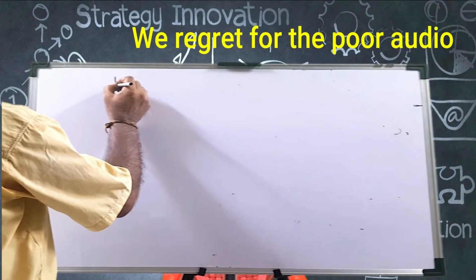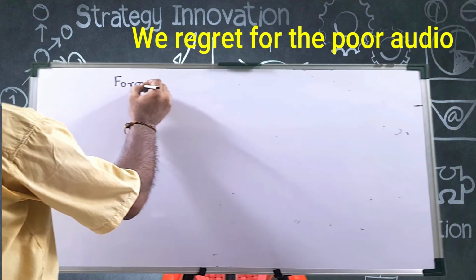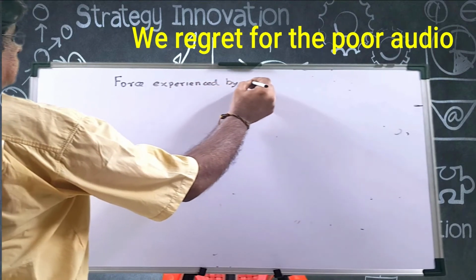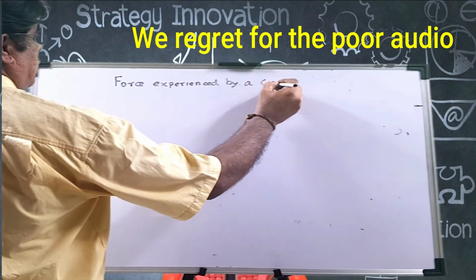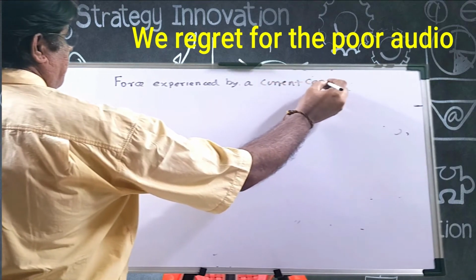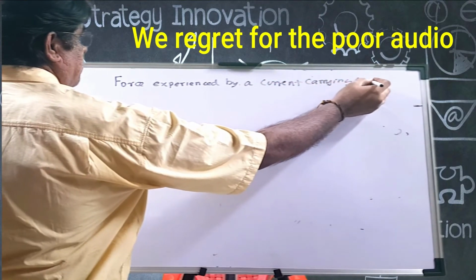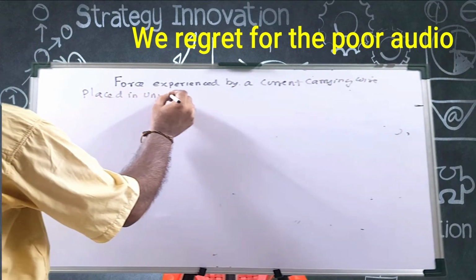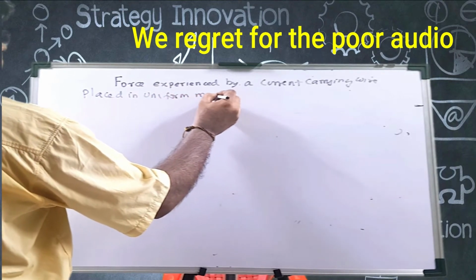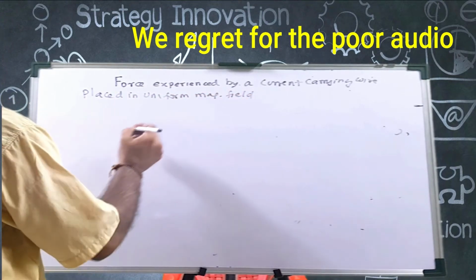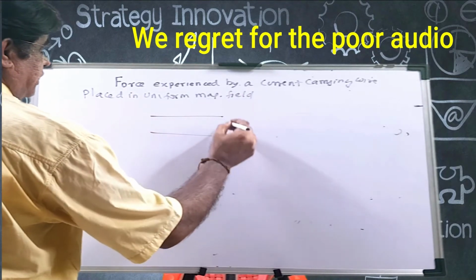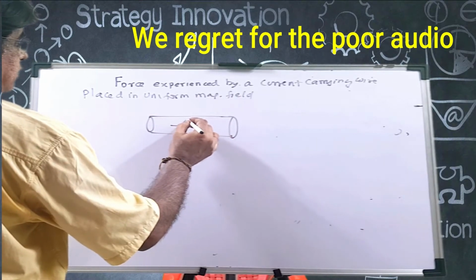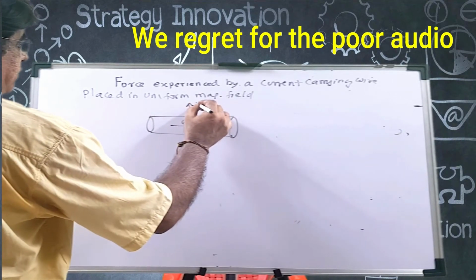What I'm trying to find is the force experienced by a current carrying wire placed in a uniform magnetic field. So I've got a current carrying wire already there. It's already having current in it, so electrons are moving, and it's placed in a magnetic field.